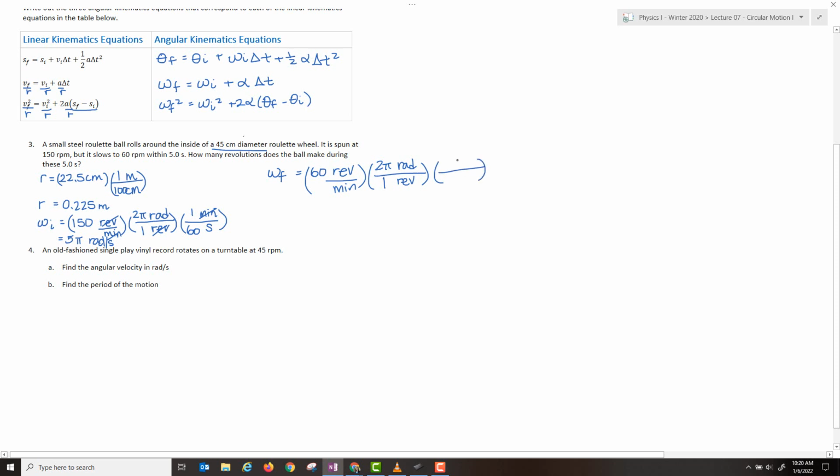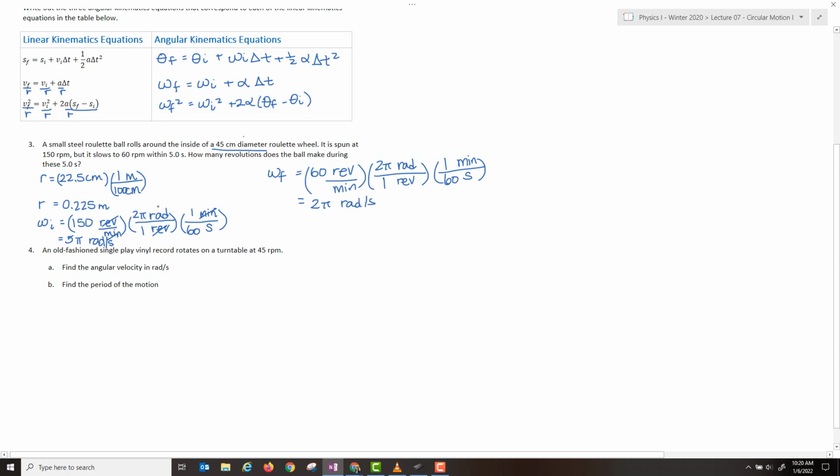I want to get rid of minutes, so I put minutes in the numerator. Instead, I want seconds. 1 minute is 60 seconds. So I can multiply all of this. So I have 60 times 2 divided by 60, and I end up with 2. There's still a pi here, so I'm going to write 2 pi. And that would be in radians per second.